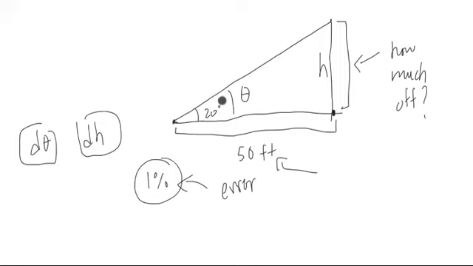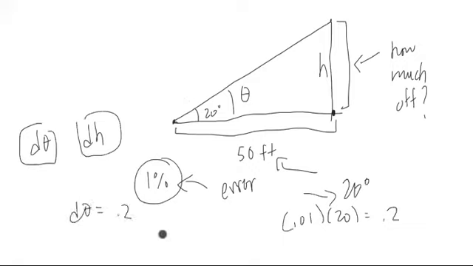We have 20 degrees, and 1% error means your angle could be off by 1% of what you measured, so multiply by 0.01. You end up getting 0.2, so your d theta in degrees will be about 0.2.